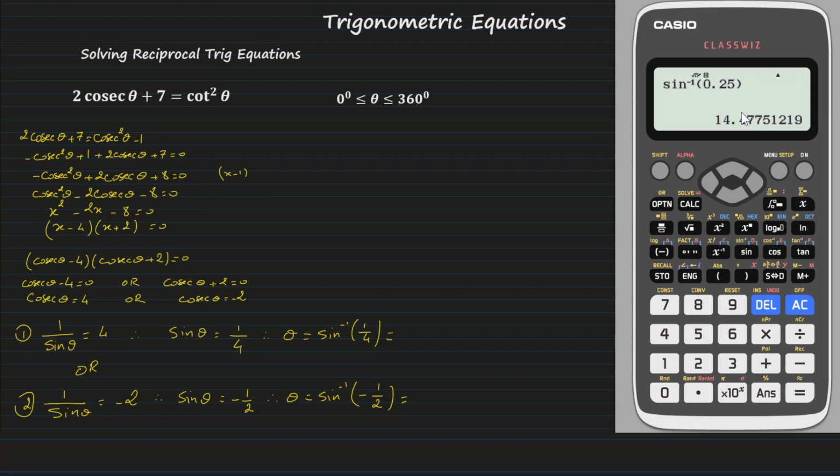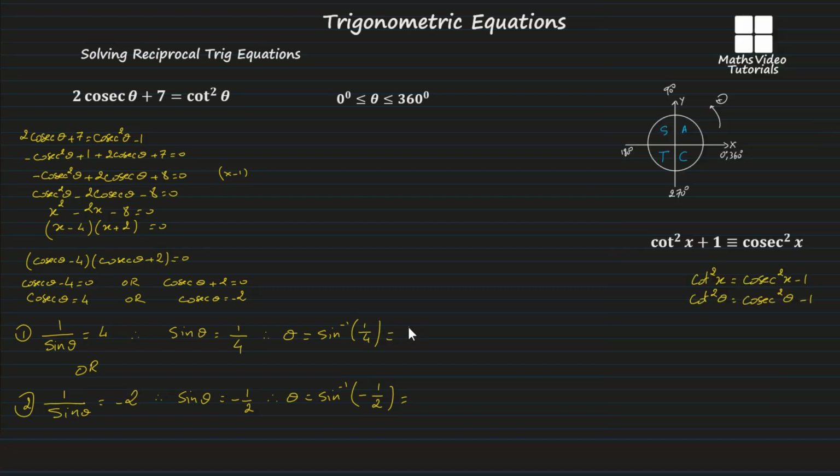We're going to round it to 1 decimal place. That will be 14.5 degrees. I'm going to need to change the equal sign to approximately, and that is 1 decimal place.